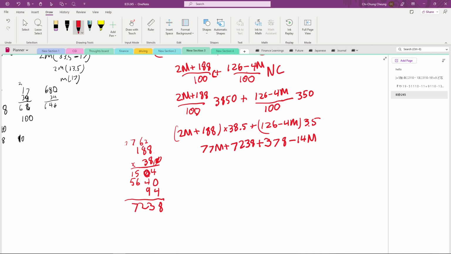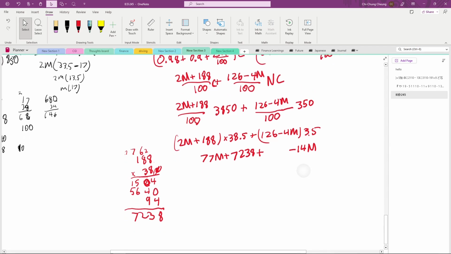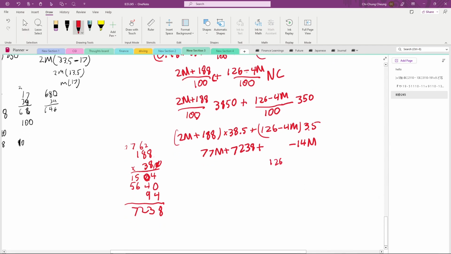It definitely can't be because there's a 0.5. Just do it like this. Oh, 378 plus the half of 126, which is 63, which is 1, 4, 4, 4, 1.